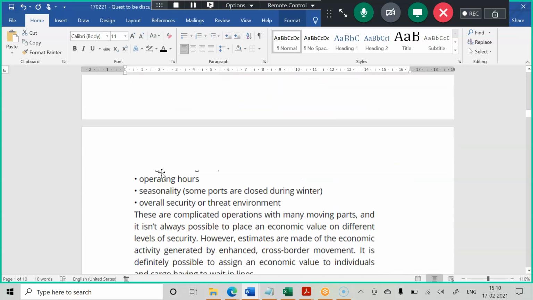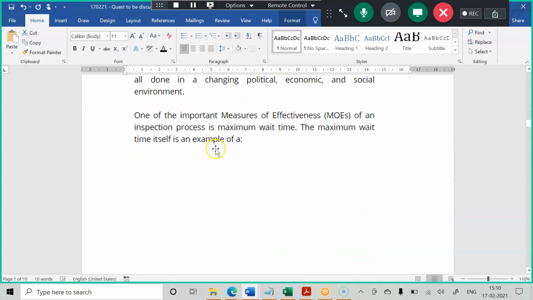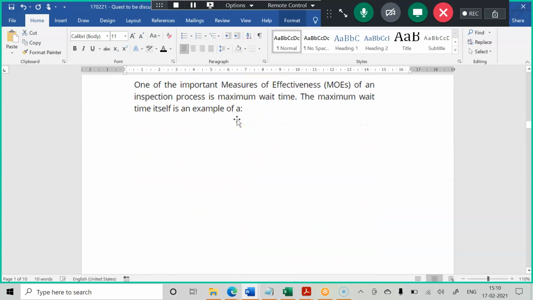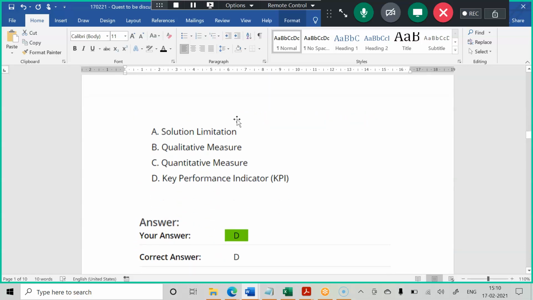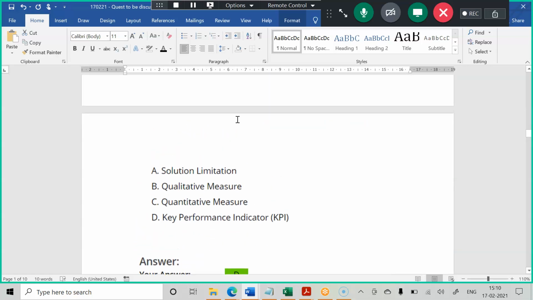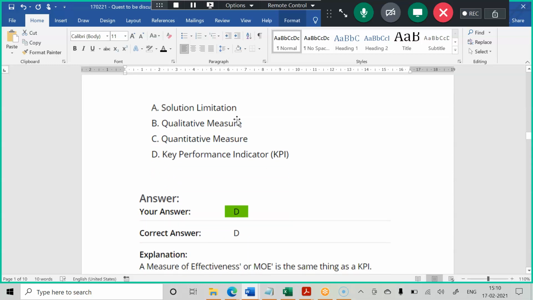Next doubt that you have is about this one, measures of effectiveness, this case study. The last question, I'm not able to get the building books and that sort of thing. We discussed it.